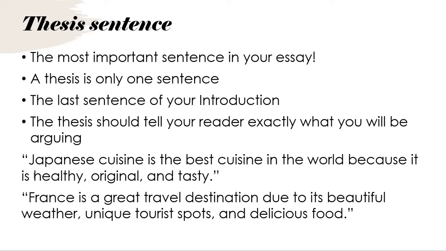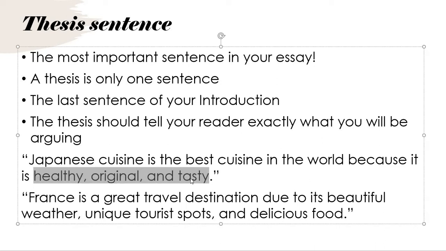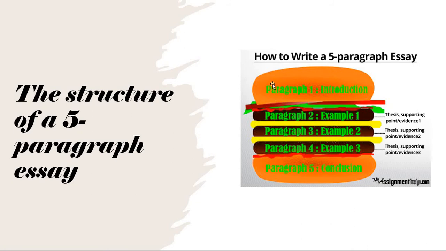Notice how I gave 3 reasons in the thesis. This is because you're writing 5 paragraphs in total. Remember, you have your introduction at the beginning, you have your conclusion at the end, and you have your 3 arguments.